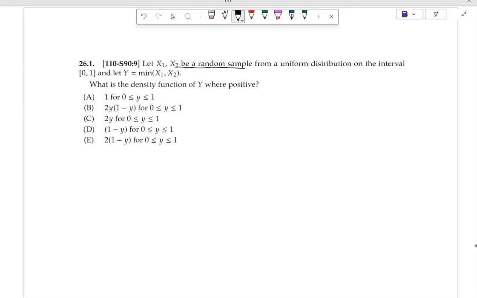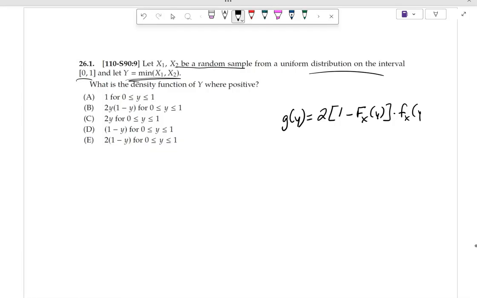Okay. All right. So let's look at this one. Random sample from a particular type of distribution, right? Uniform on the interval from 0 to 1. And we want the minimum of x1 and x2. Okay. What we just came up with is that the PDF for that then should be 2 times 1 minus the CDF times the PDF, right?